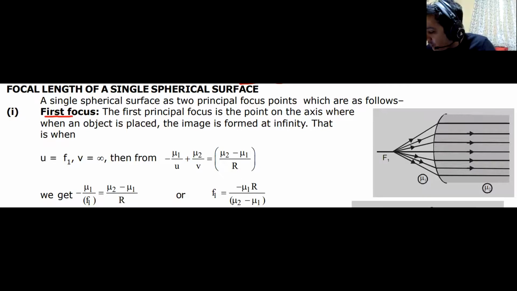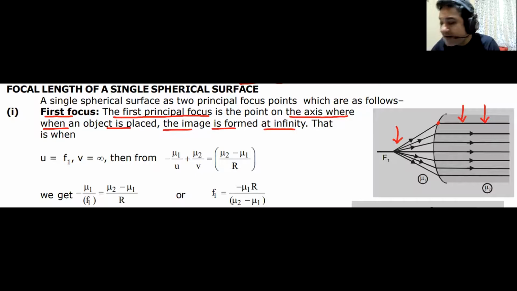As you can see for a convex surface here, I have placed an object at the focus. Rays of light which are passing through this focus, after refraction, are becoming parallel to the principal axis. You'll have to draw this diagram. This focus is known as the first principal focus. The first principal focus is the point on the axis where, when an object is placed, the image is formed at infinity.